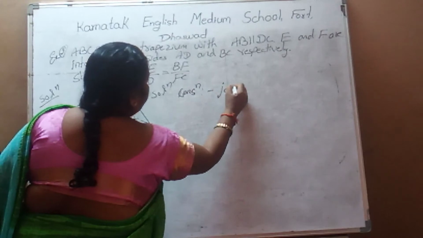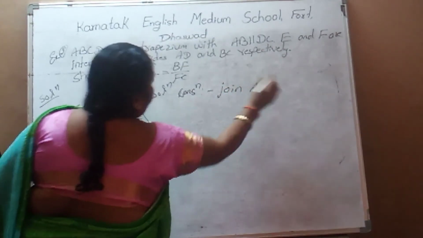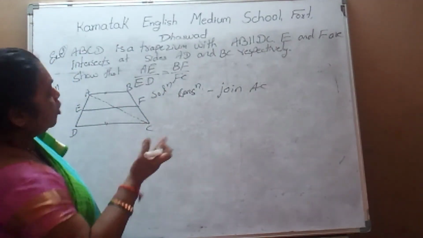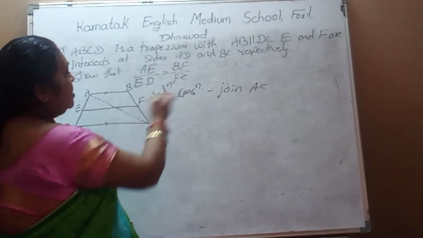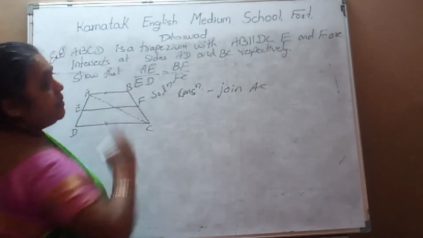Given and to prove, you only write the construction: join AC.